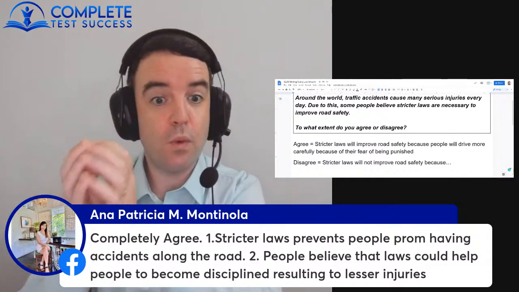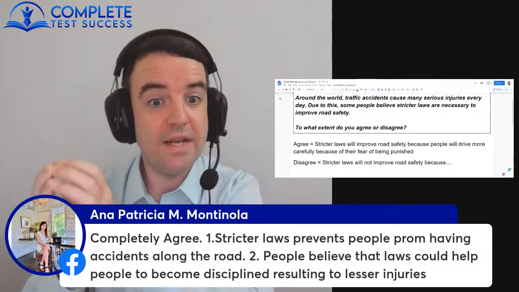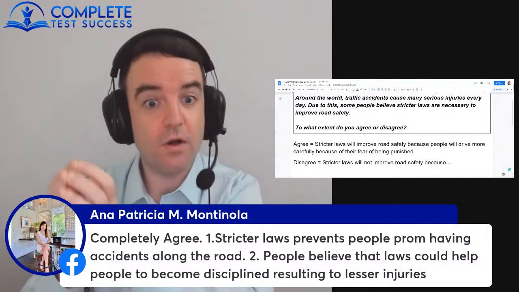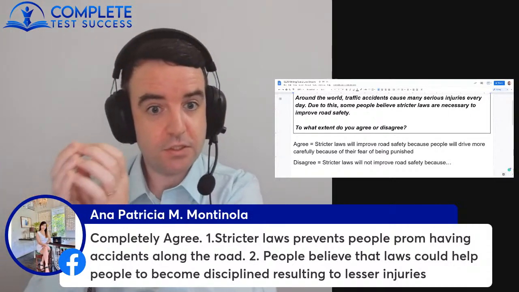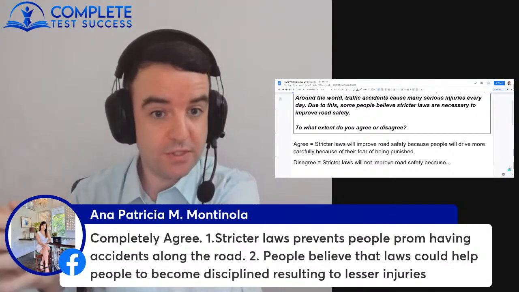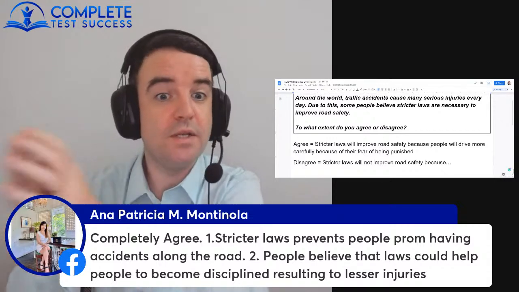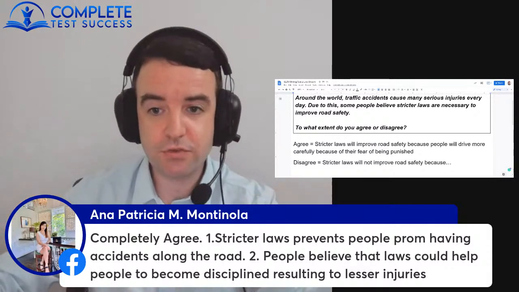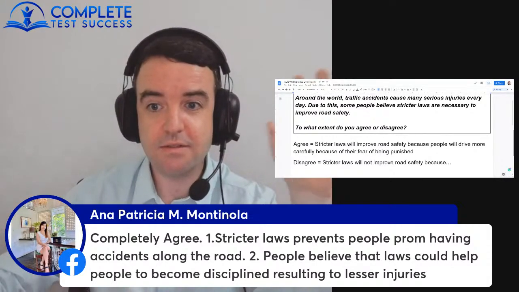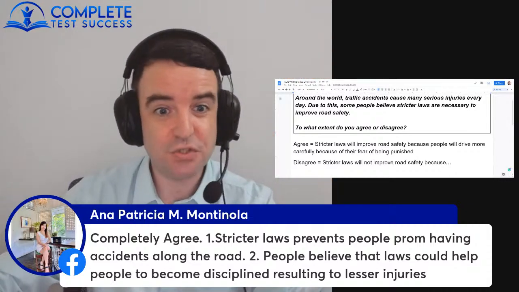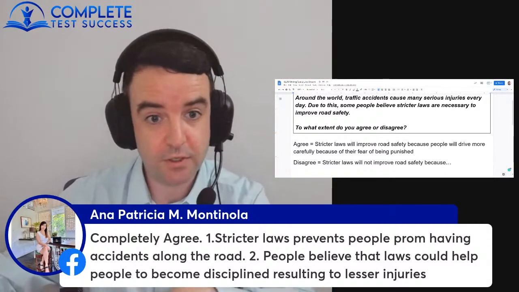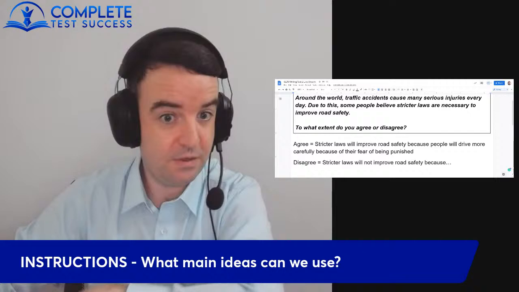So I want to know, why will that or will that not work? Why will it work or why won't it work? You can't say it will work because it will reduce accidents, but I want to know why it will reduce accidents. Describing that it will reduce accidents is just repeating what the question is about, not why it would work.